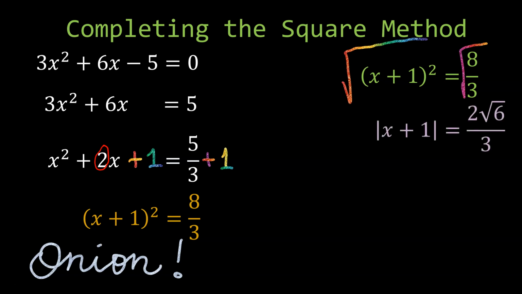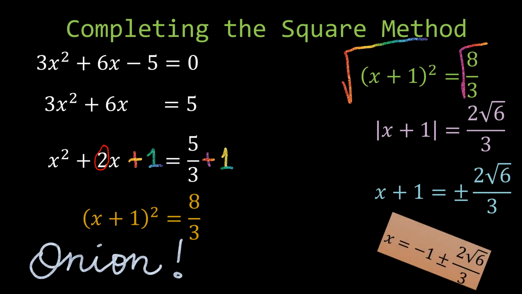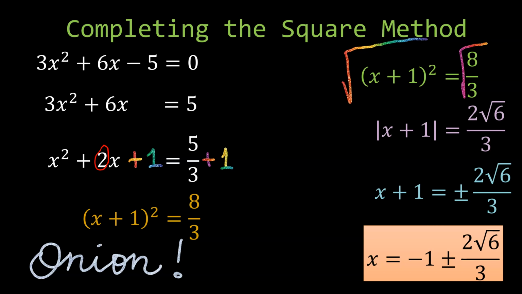So we have absolute value of x plus 1 is equal to 2 square root of 6 over 3. The absolute value could be negative or positive. So I have x plus 1 is plus or minus 2 square root of 6 over 3. And then subtract 1. That would be our solution.